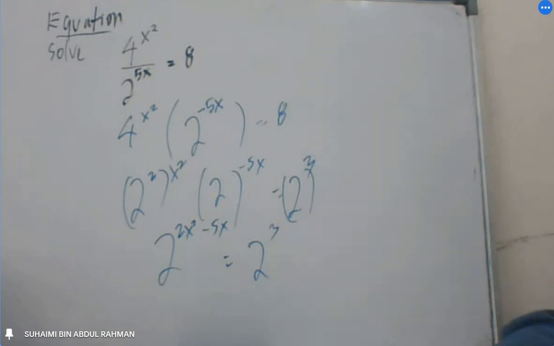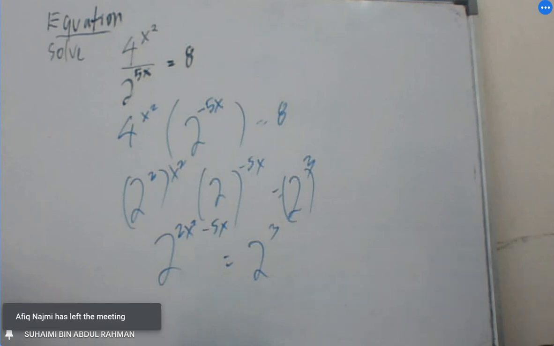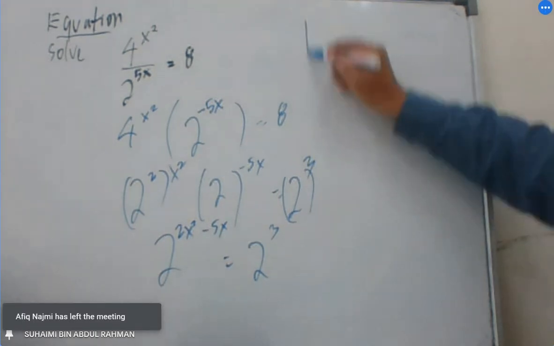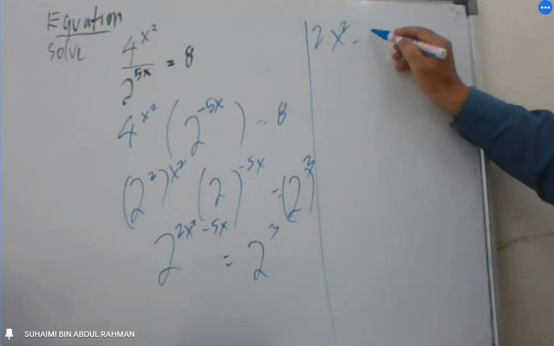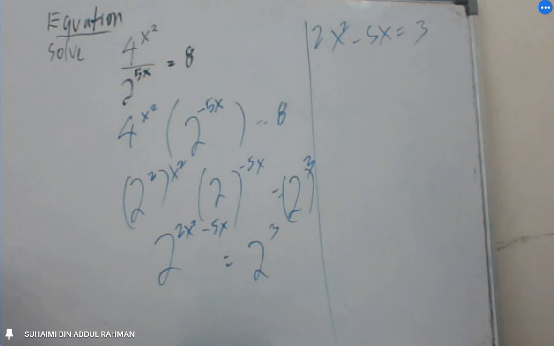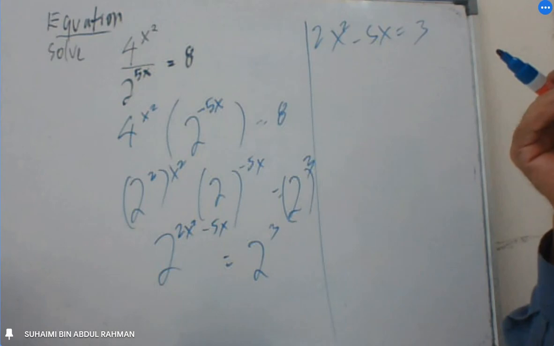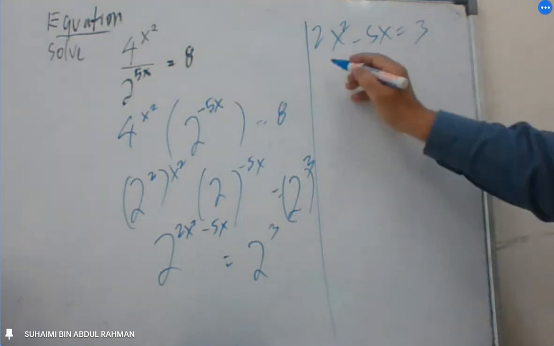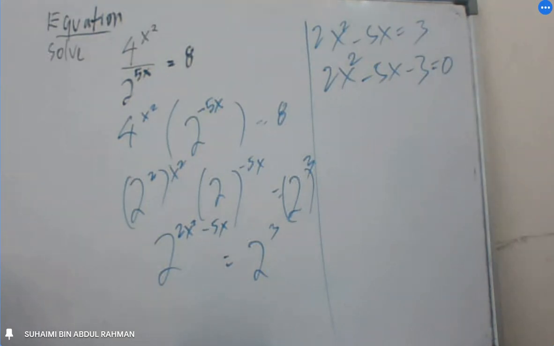Now, same base. So what can you say? 2x squared minus 5x equal to 3. Two x squared minus 5x minus 3 equal to 0.